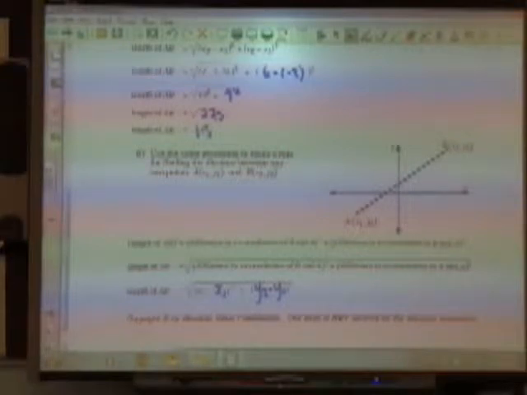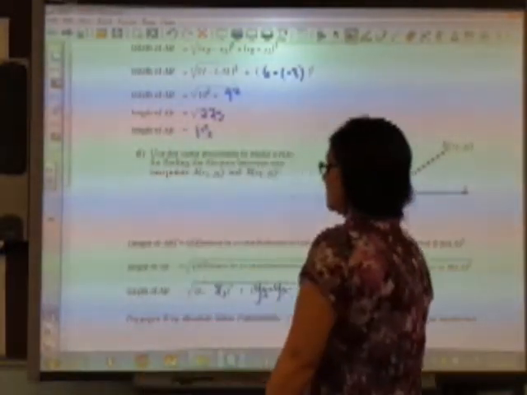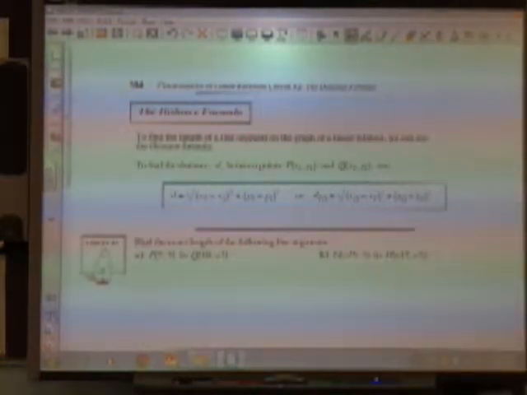Okay. I would give you the distance formula, which is on the next page. I would give that to you on a test to be able to use. So you don't have to memorize the distance formula, you have to be able to use the distance formula.